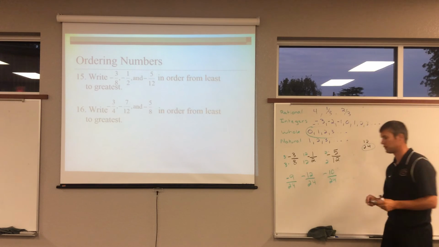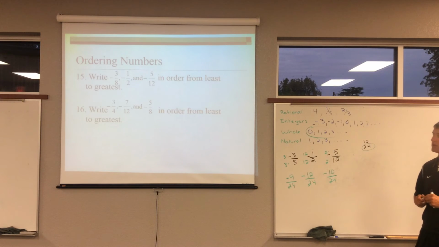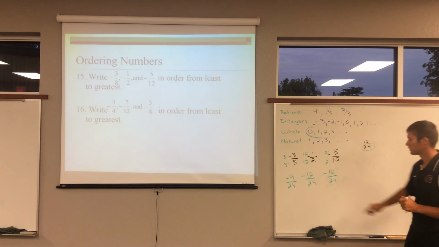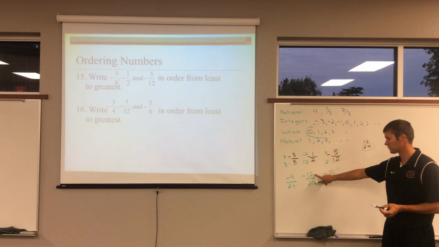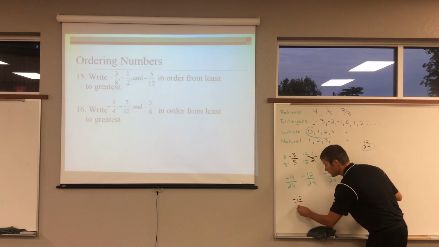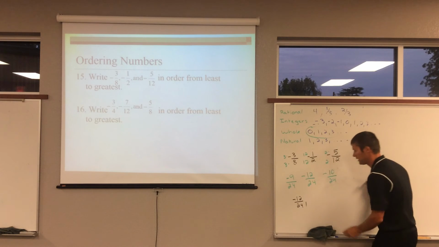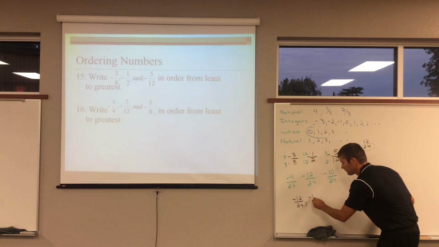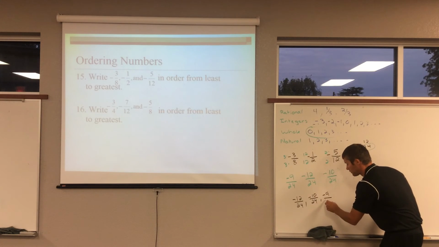Don't forget the negative. So we want the smallest number, least to greatest. We'd start with this one here. This is the smallest number. That's my biggest number. So we'd have -12/24, then -10/24, and then -9/24.